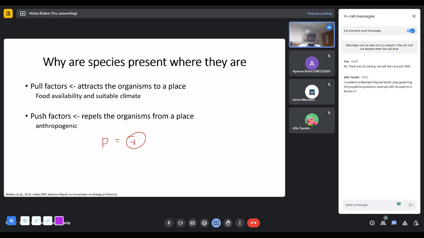Prey is pulling predators because predators want food, which is their prey. They will go to places wherever the prey is available. So prey can be a pull factor for predators.